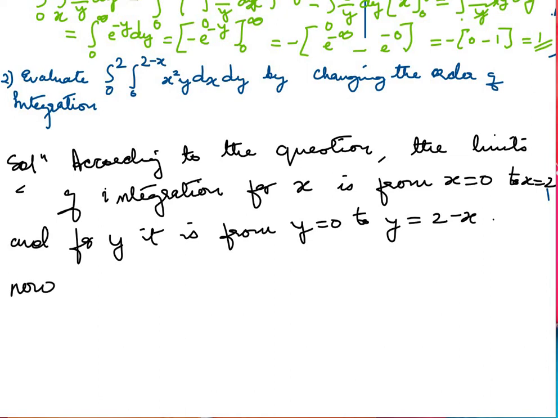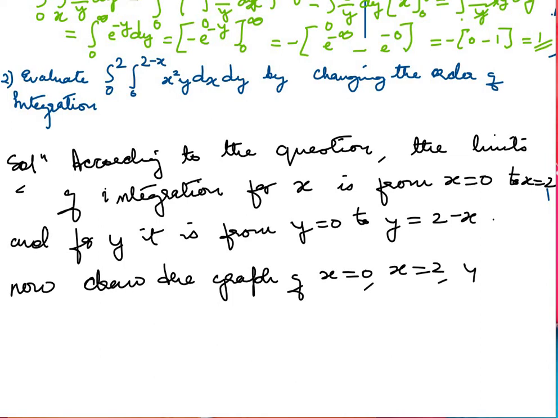Now, next step, what you need to do? Now draw the graph of x equal to 0, x equal to 2, y equal to 0, and y equal to 2 minus x. Out of these four graphs that you need to draw, let us construct a table of this and see what the points are, so that we can plot those points and get the required graph.